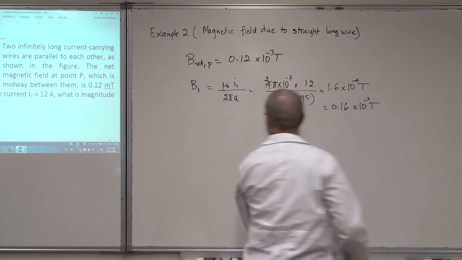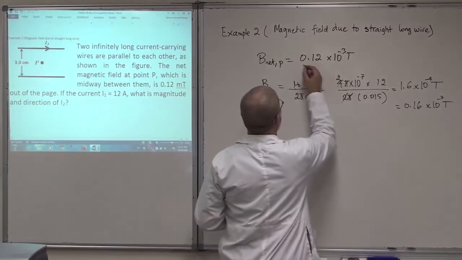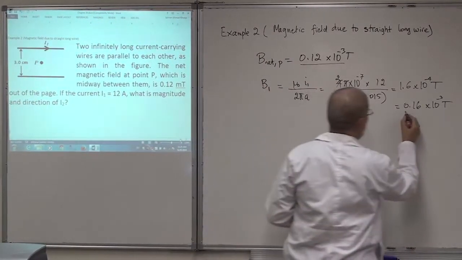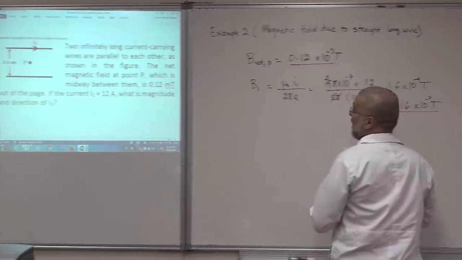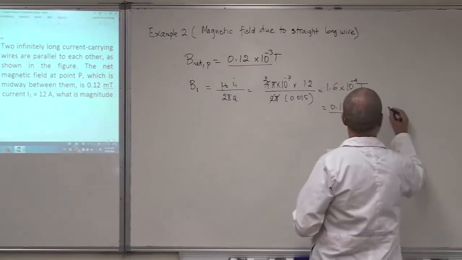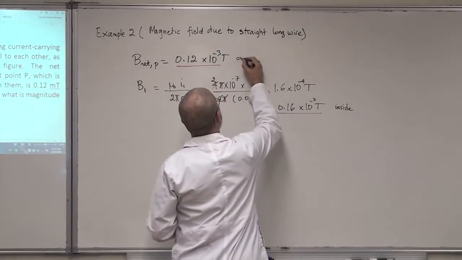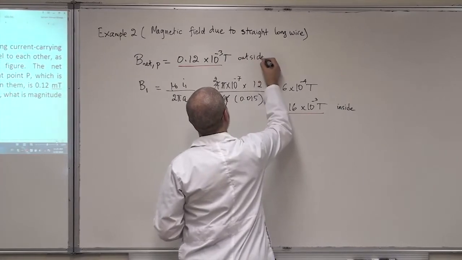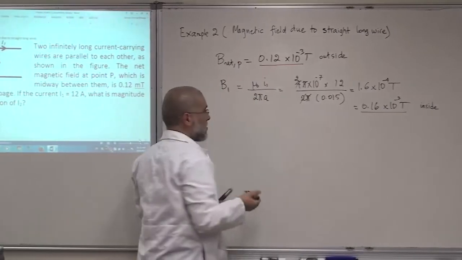Let's compare these two numbers. That's the net magnetic field, and this is only due to B1. This one is in, and that magnetic field is inside. It's important to know the direction. The net is outside and it's larger.